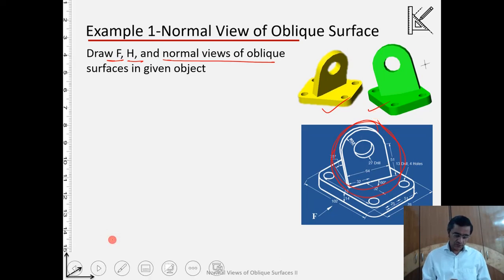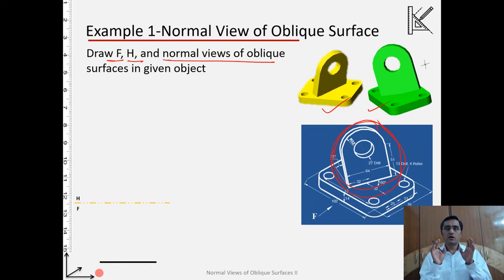So what we will do, we'll start with creating the frontal and horizontal projections of this object for those parts of the object which can be done immediately or without much problem. And then later on we'll be creating the true view or the true shape of the inclined part on an auxiliary plane.